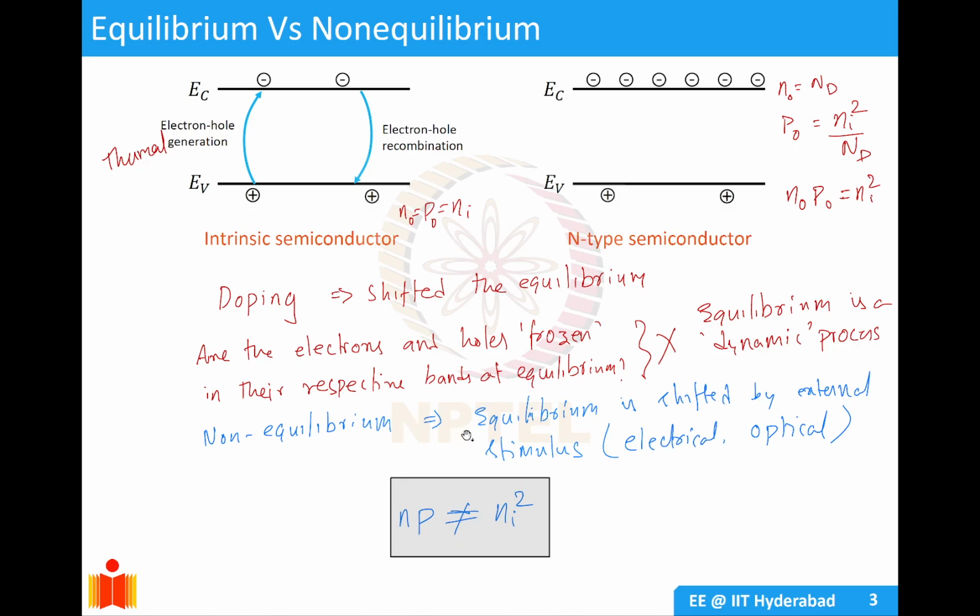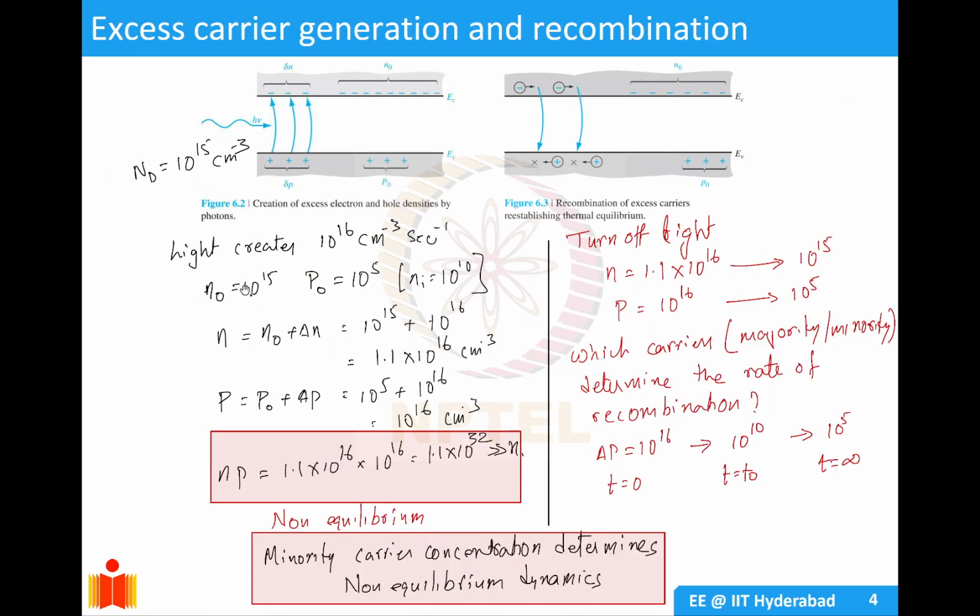Whereas in non-equilibrium, the equilibrium is shifted by an external stimulus, that is, you apply an electrical or optical stimulus such that the concentration changes, and the formula NP is then not equal to Ni square in non-equilibrium condition. Now, excess carrier generation and recombination.